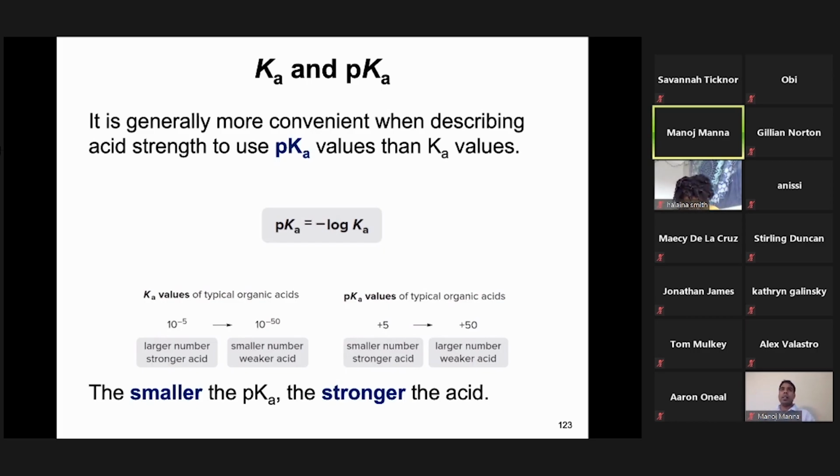Make sure you have a clear understanding of this. If we have a higher Ka value, that substance or molecule has higher acidity. But if you have a lower pKa value, that is higher acidic. We are representing it in two different mathematical expressions, pKa and Ka.